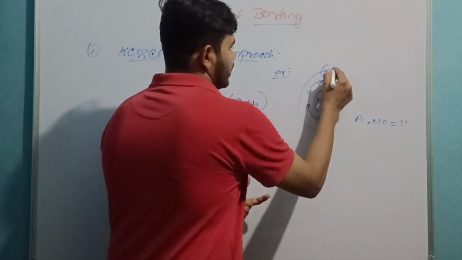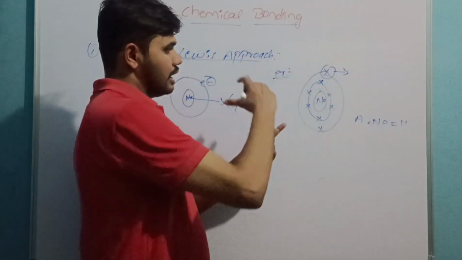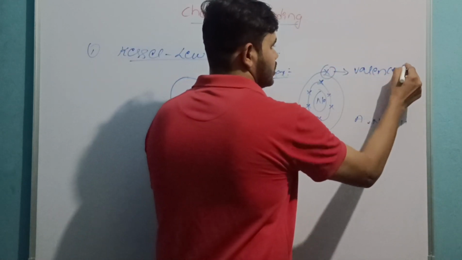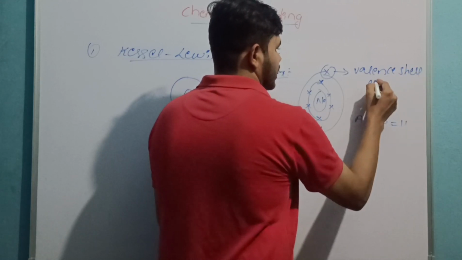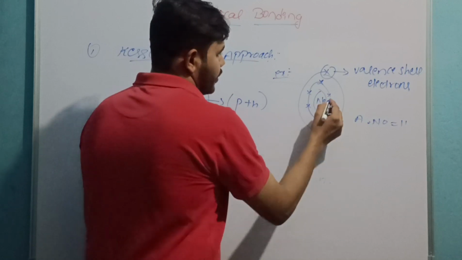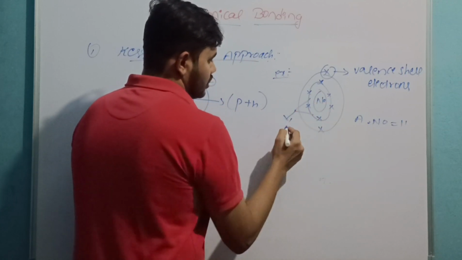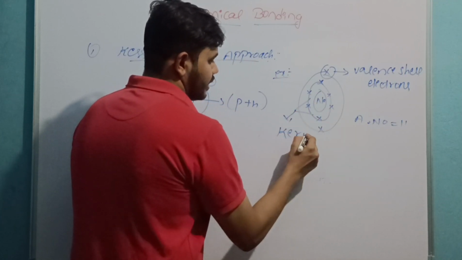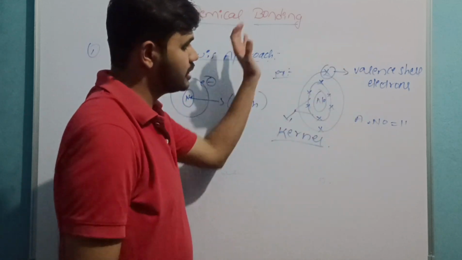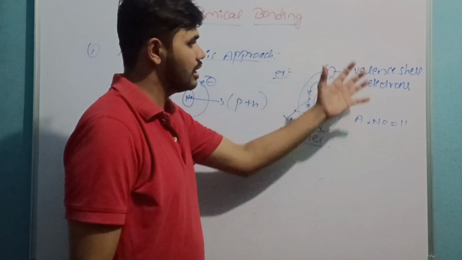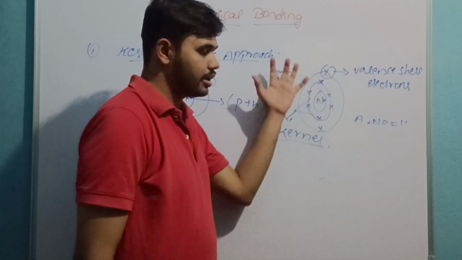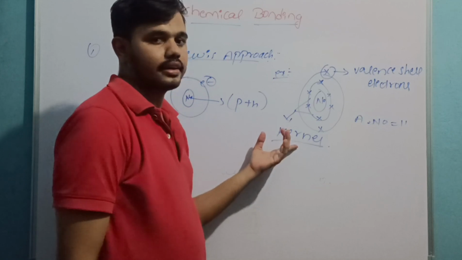See here, the electrons present in the outermost shell, the last shell, are called valence shell electrons, and the remaining part, other than that, he named the kernel.